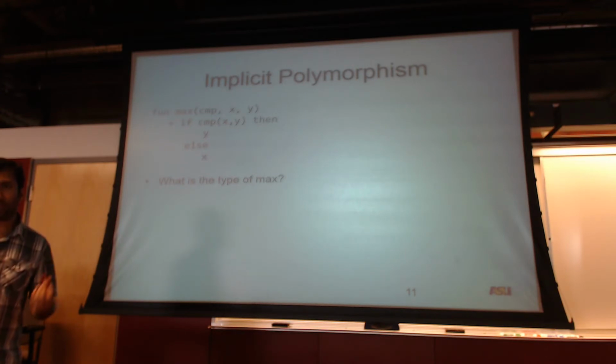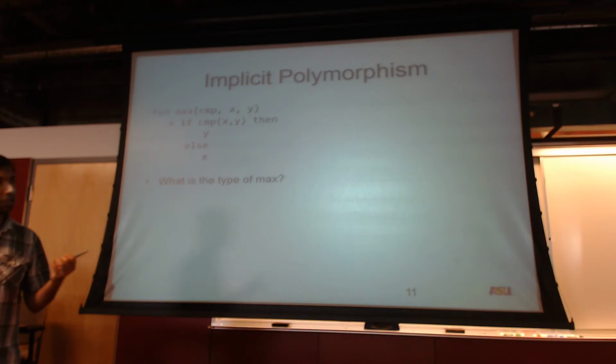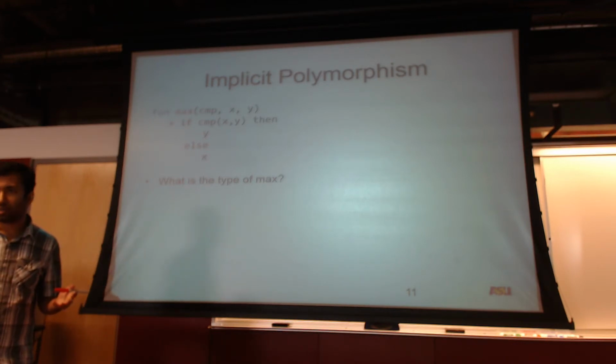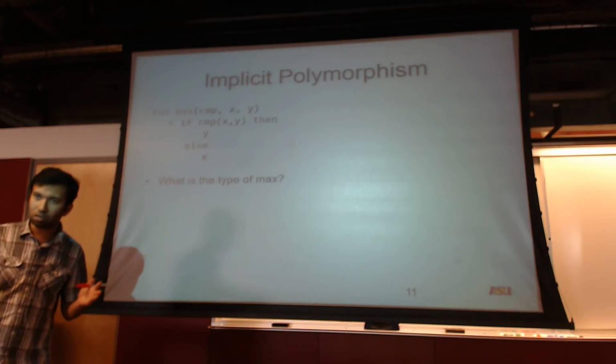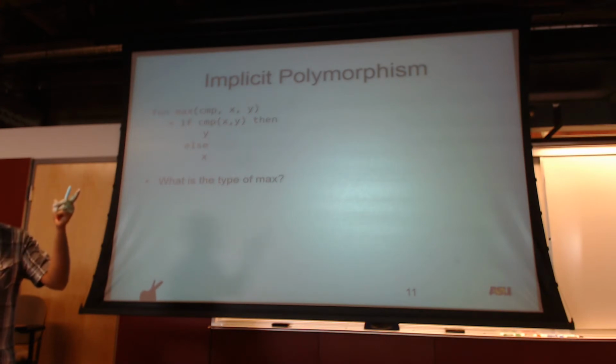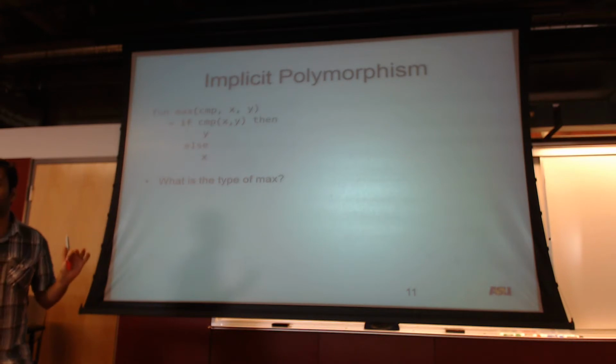If you take string comparison, maybe it can compare lengthwise. Which one is the longer string? If x is shorter than y, it will return 1. If x is longer, it will return 0. So now first you have to argue about what is the type of CMP. What generic type can you give to CMP?